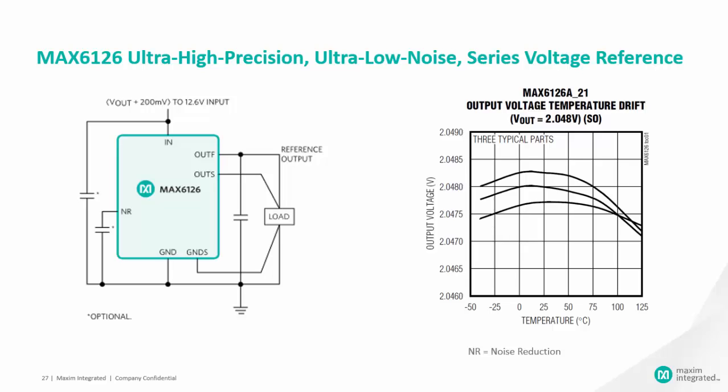MAX6126 is available with several voltage options: 2.048, 2.5, 2.8, 3.0, 4.096, and 5.0 volts, all in small SO8 and Micromax 8 packages.